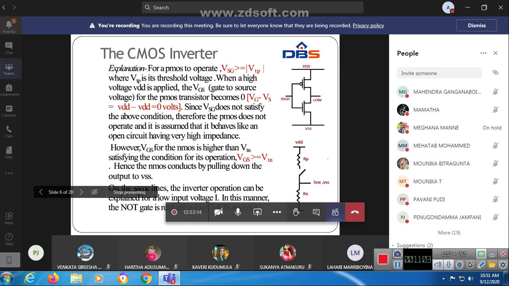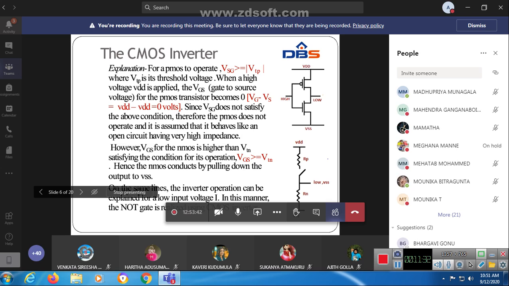Here the resistance diagram shows how it will be connected to VSS. Because of the zero voltage between the gate terminal and the drain terminal of the PMOS transistor, this transistor acts like an open switch, because at that condition it has a high impedance.